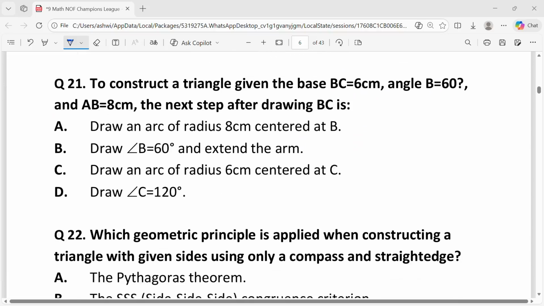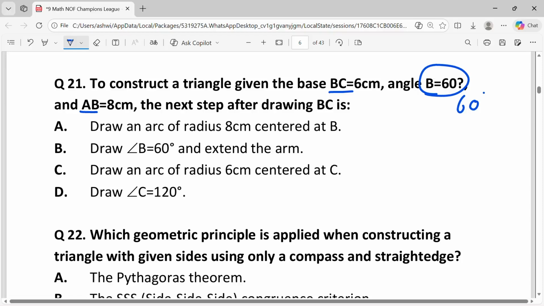Question 21. To construct a triangle, given the base BC is equal to 6 cm, angle B is equal to 60 degrees, and AB is equal to 8 cm, the next step after drawing BC is. The given information for a triangle is two sides BC and AB and included angle B is equal to 60 degrees.